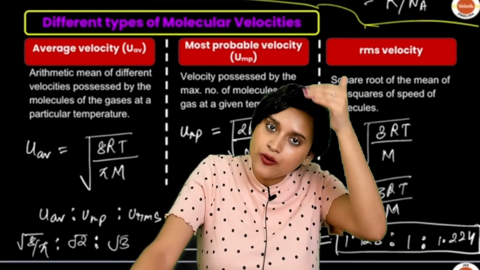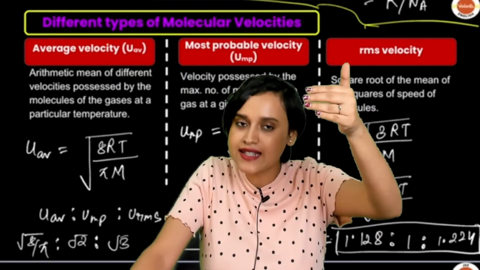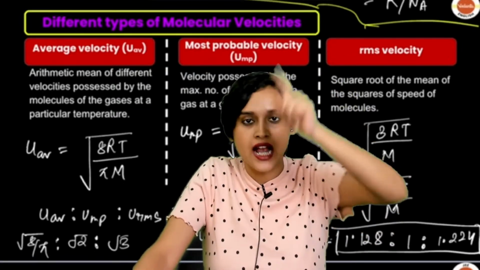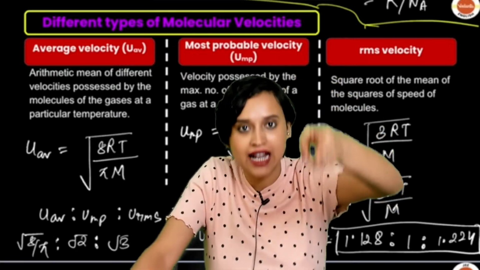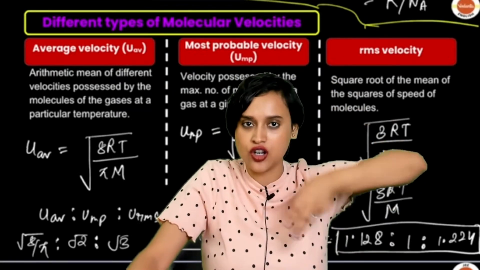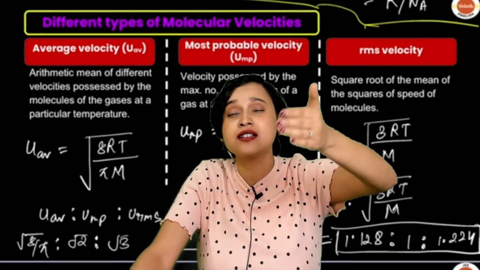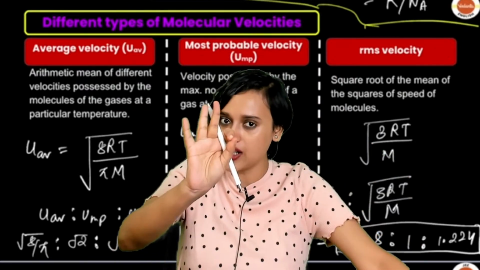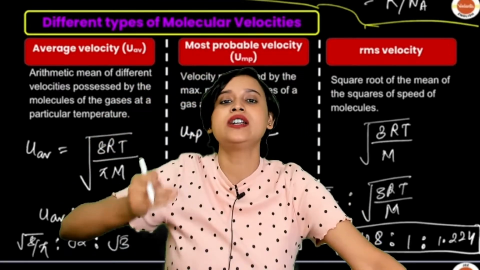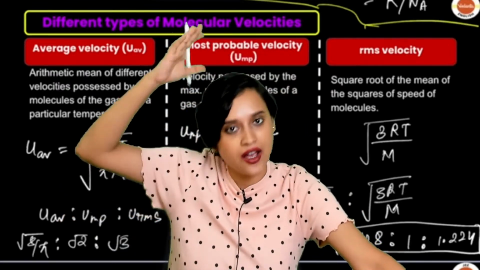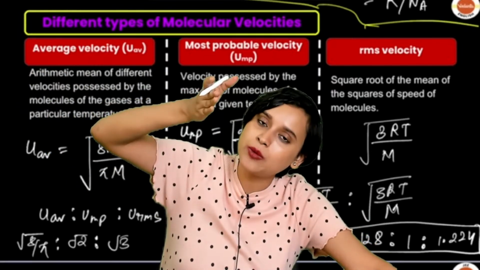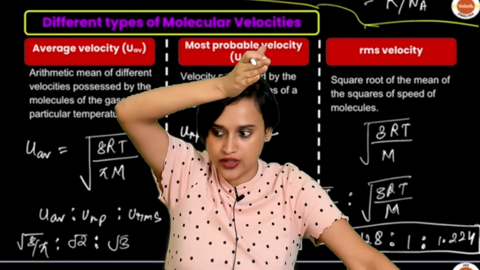Similarly, how we said that there are three different speeds: average speed, most probable speed, and RMS speed, we wrote it down for velocity. Average velocity, most probable velocity, and root mean square velocity.